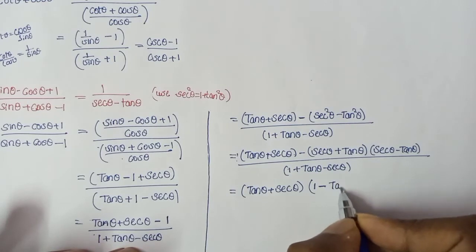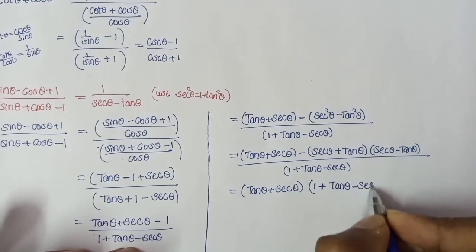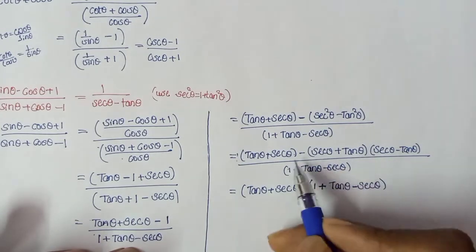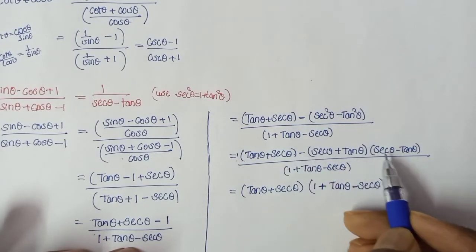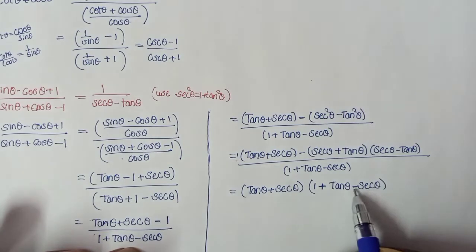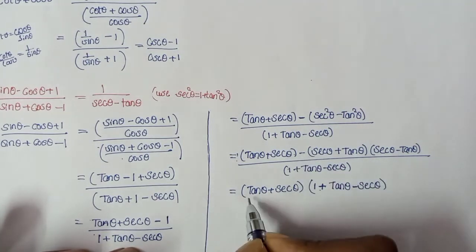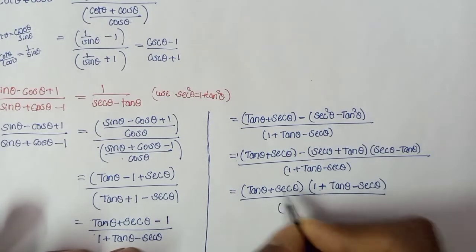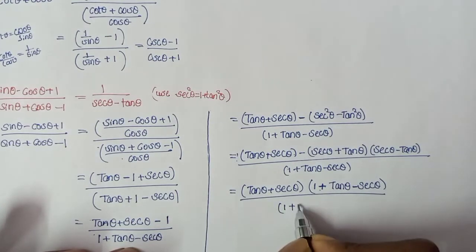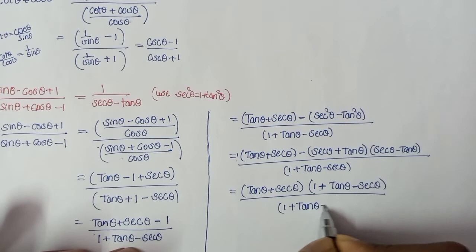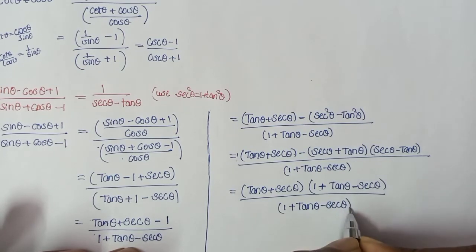That is tan theta + sec theta times (1 + tan theta − sec theta), divided by the denominator as is, that is 1 + tan theta − sec theta. I hope you understand.